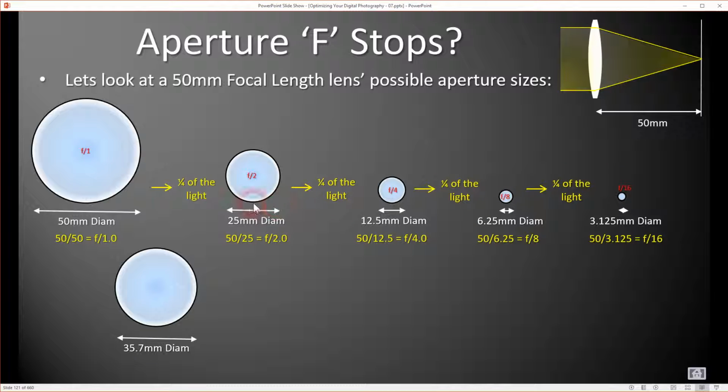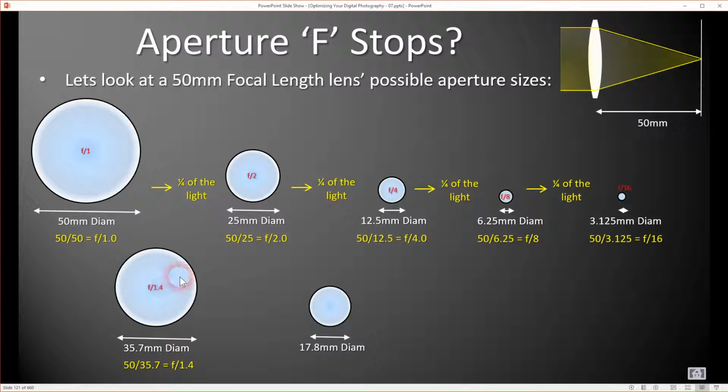Now there are intermediate f numbers. We've been reducing the area by a factor of four here, so now we're going to reduce it by a single f-stop. If we go down to 35.7mm diameter, we get a focal ratio of f1.4.